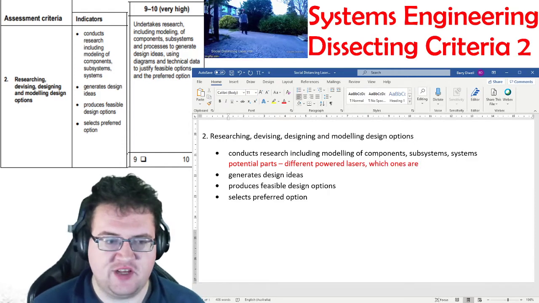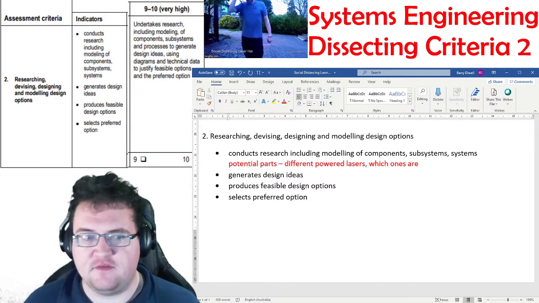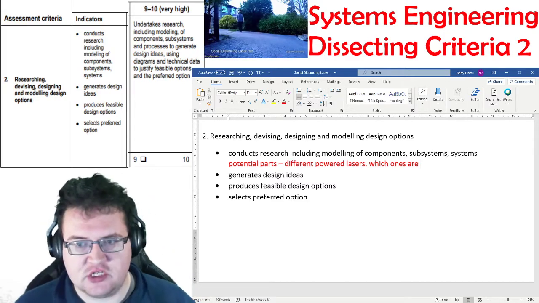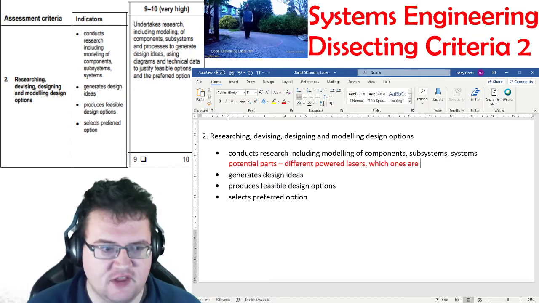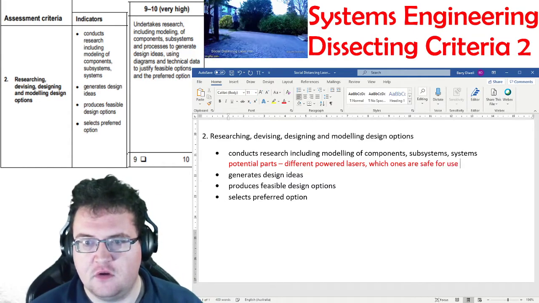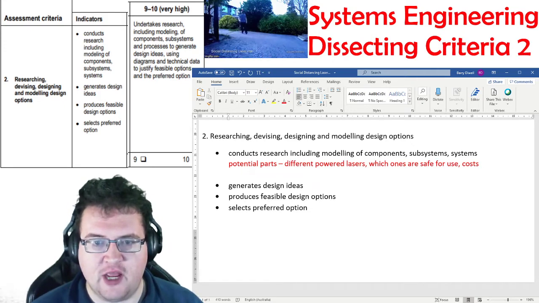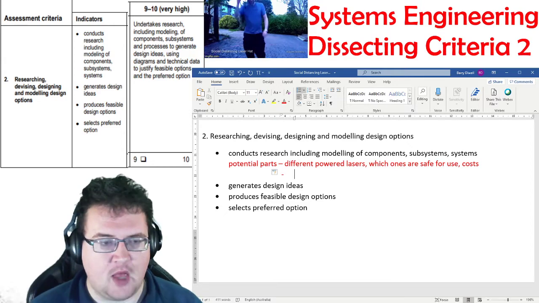You would have to sort of explain which ones are safe, which ones are not safe. You might want to give examples of the costs of the different sorts of the lasers that you can get. Safe for use. Costs, etc.